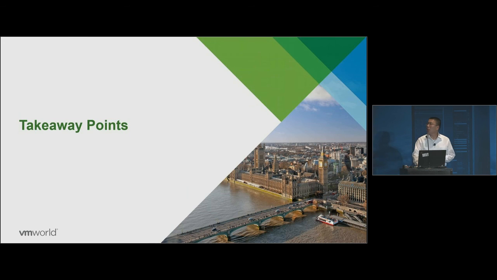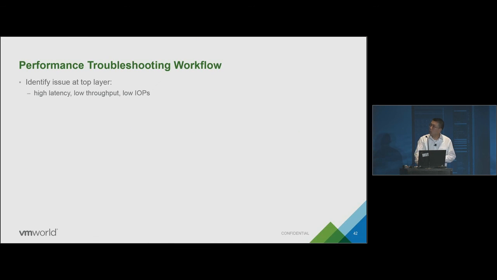Now, let's conclude our talk by summarizing the troubleshooting workflow we have. Like what we do in all the three examples, we always remember the virtual SAN architecture and start from the top layer over there. It can be virtual machine or DOM client. And then we identify the issues there. The issue can be low throughput, low IOPs, high latency, or any combination of them.